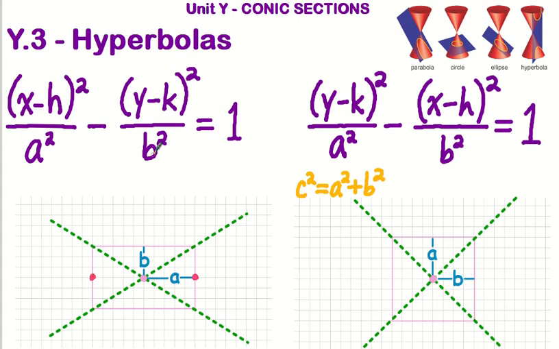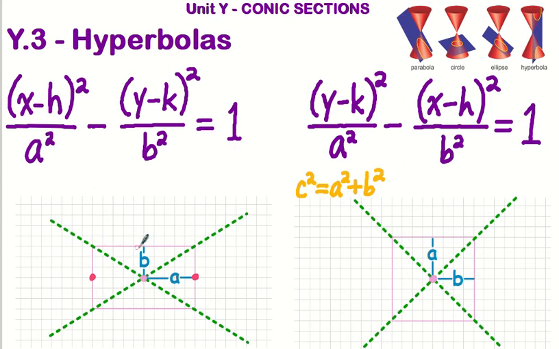Now your b value matters because your a and b values together come off of the center. A is especially important because that's where a couple vertices are going to go. But your b value also matters because together a and b make this rectangle, which is not technically a part of your graph, just like the center is not an actual part of your graph.